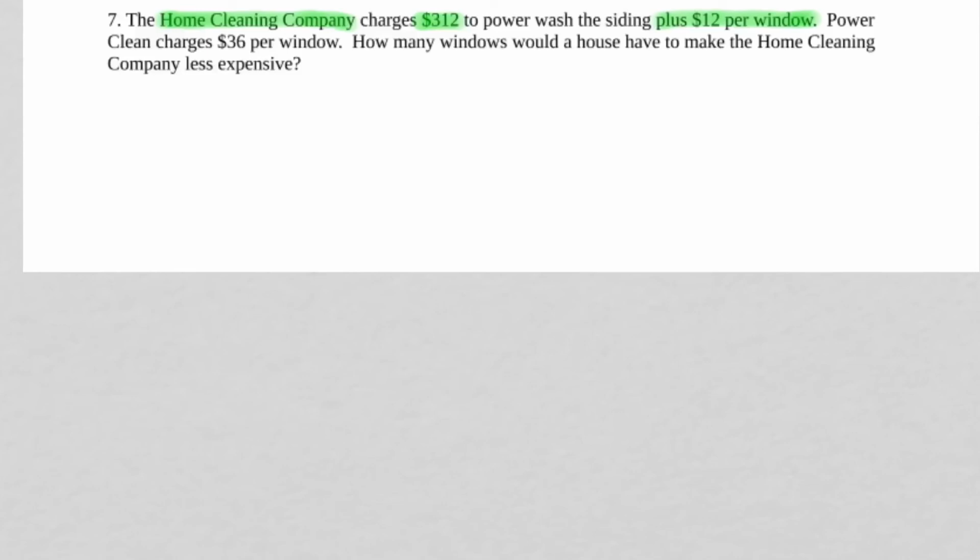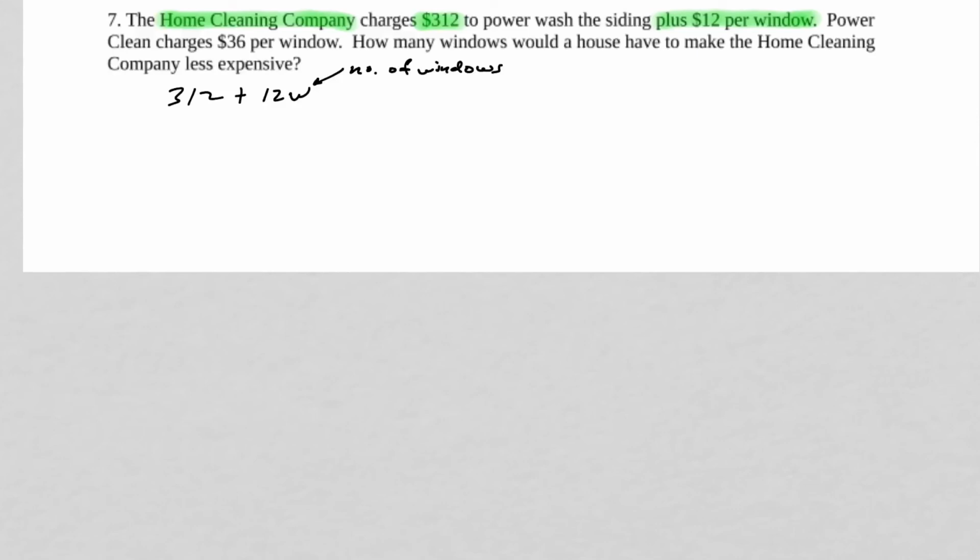So what we have is $312 that we pay up front plus 12 times the number of windows. I noted that W in this problem stands for the number of windows.